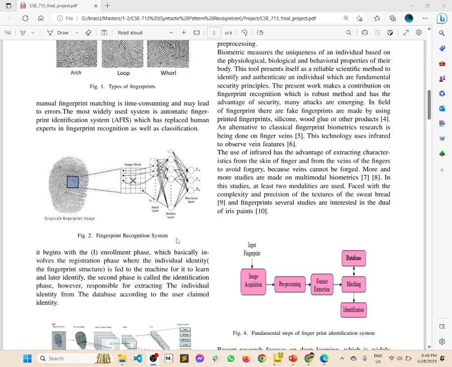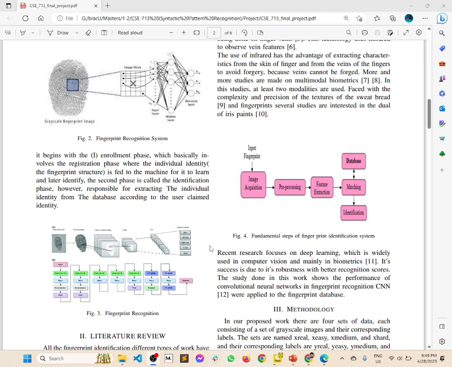It begins with the enrollment phase, which basically involves the registration phase where the individual identity is fed to the machine for it to learn and later identify. The second phase is called the identification phase, which is responsible for extracting the individual identity from the database according to the user claimed identity.